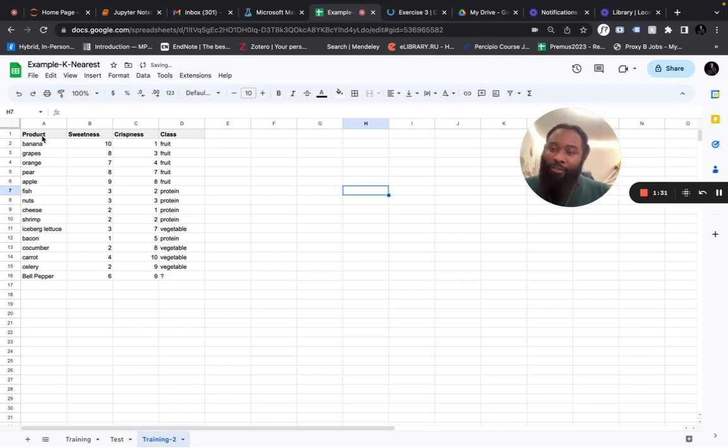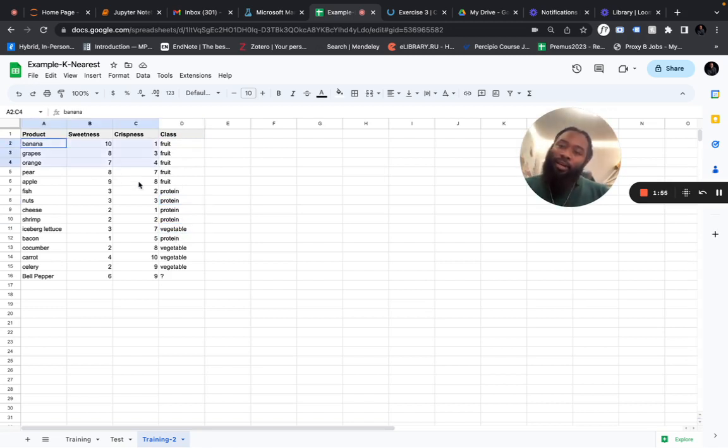And you have all these products, bananas, grapes, shrimps, and they have two features, sweetness and how crisp this banana or grape is. So they all have values and they're classified based on the sweetness and crispness, whether it is a fruit, protein, vegetable, right?